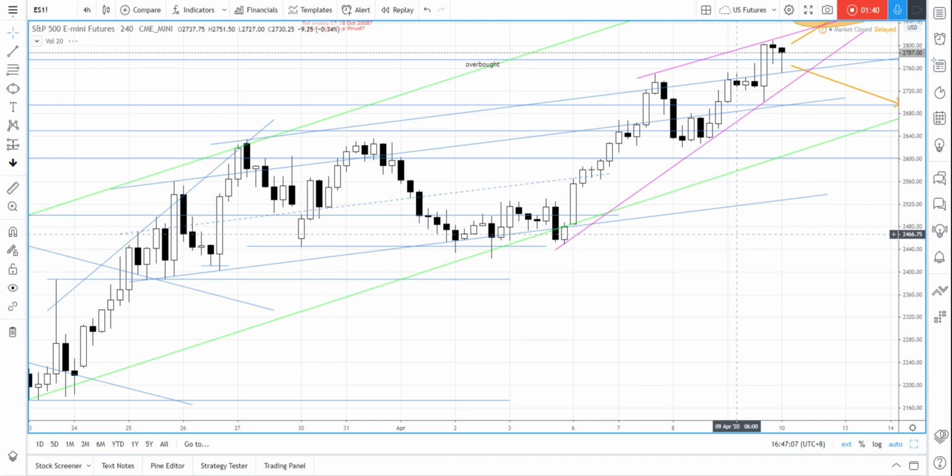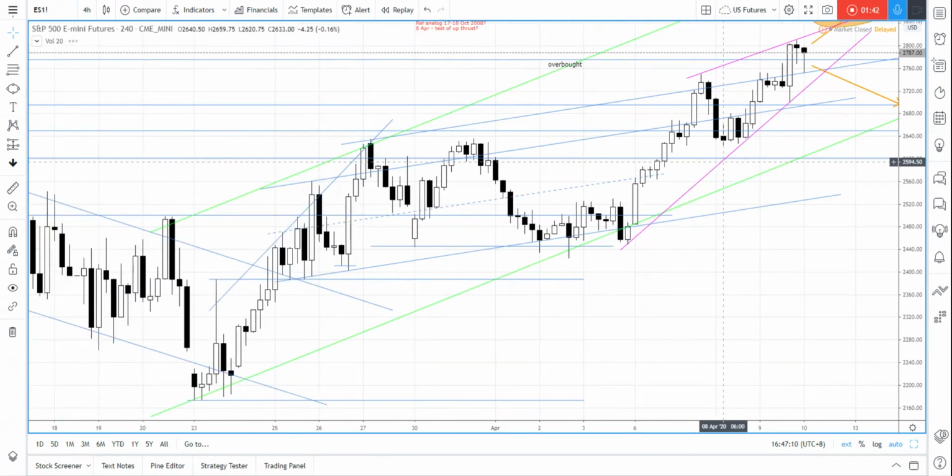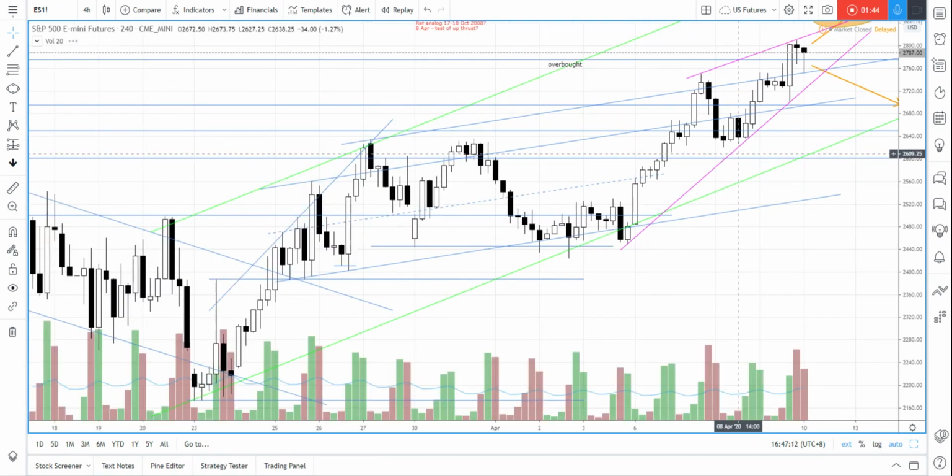On this H4 time frame chart, the upward thrust is actually getting shorter.